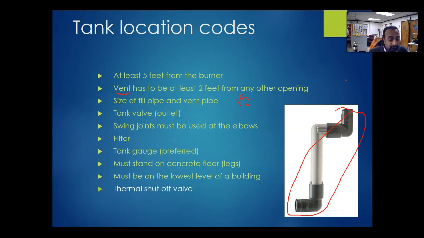Thermal shutoff valve. We've seen thermal shutoff valves. They look like the pyromatic valves that we had on the board. It's a valve that will melt at 165 degrees Fahrenheit and shut off the oil flow.